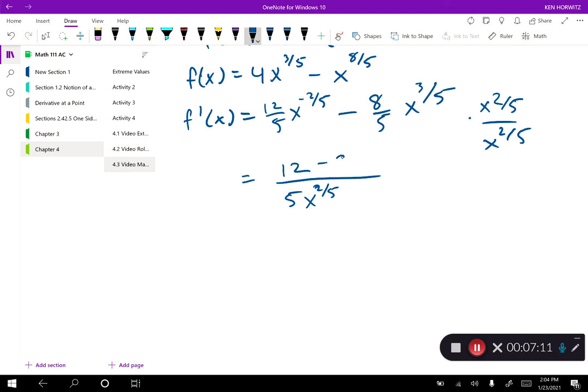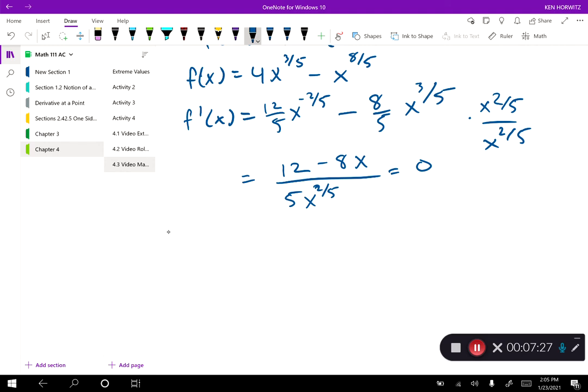So then I get 12 minus 8x, and it's the same denominator, 5 times x to the 2/5. Looks good to me. And I got to set this equal to 0, because we need to know where it equals 0 and where it is undefined.